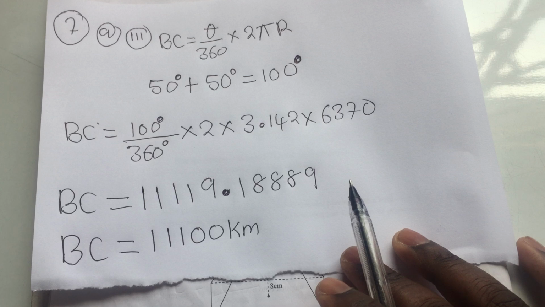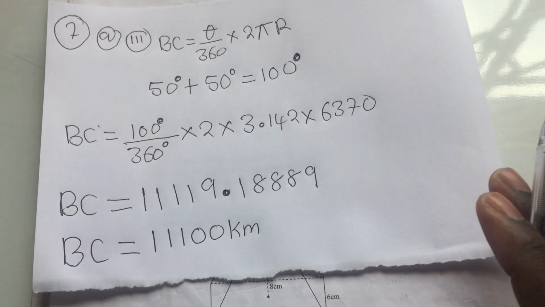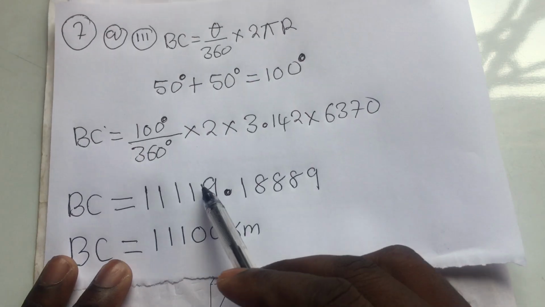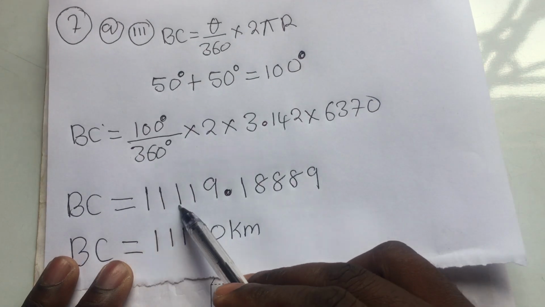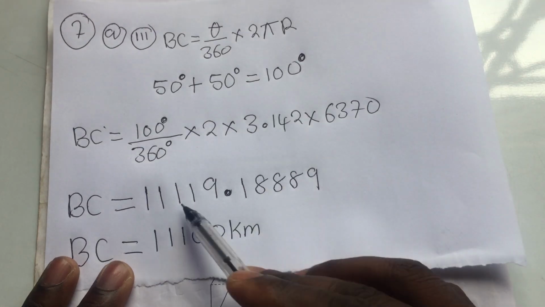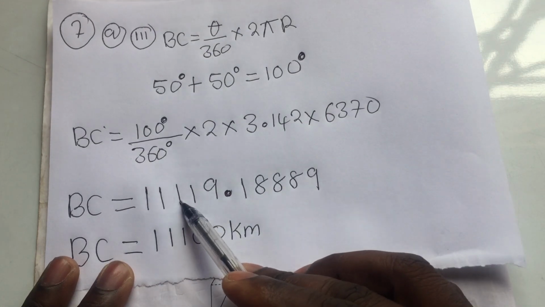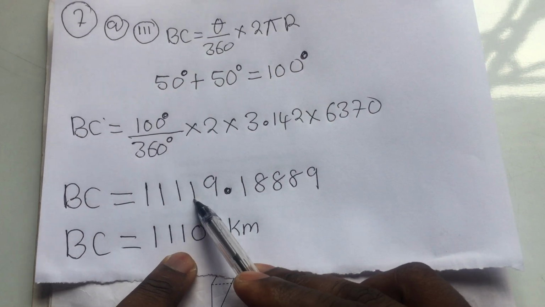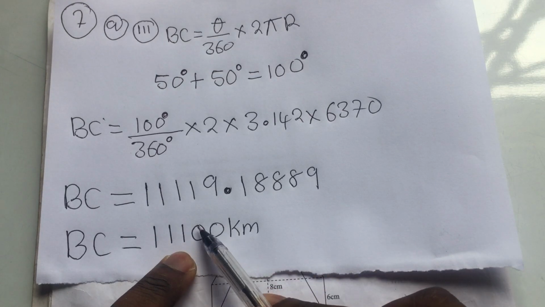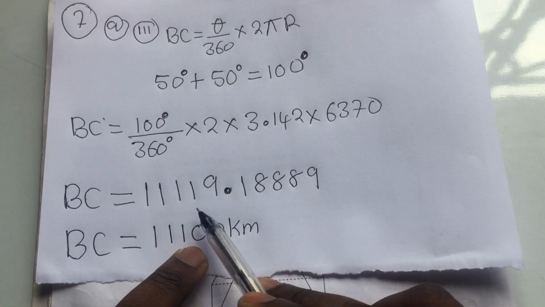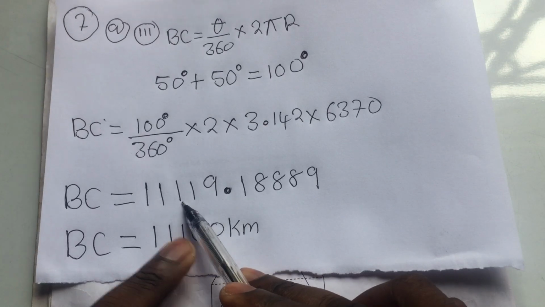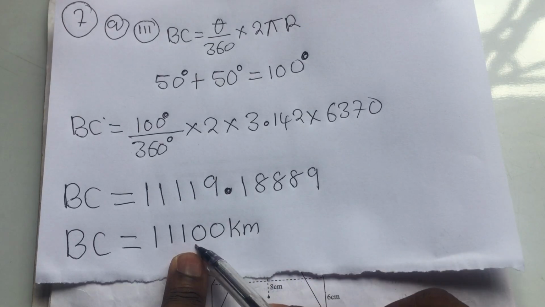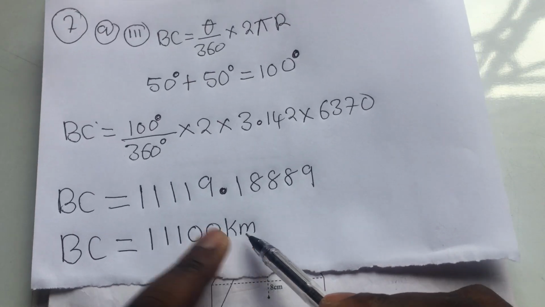When you read the instruction on the question paper, it says leave your answer to 3 significant figures. Here there are five digits, so you check: the rest can't be added, so it will be just 1, 1, 1, and the others become zeros. You only get these 3 numbers, and the rest become zeros. You also indicate kilometers.